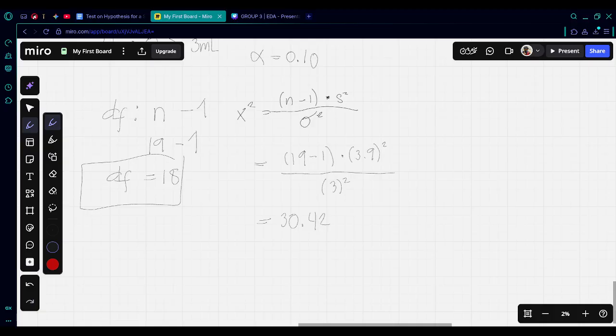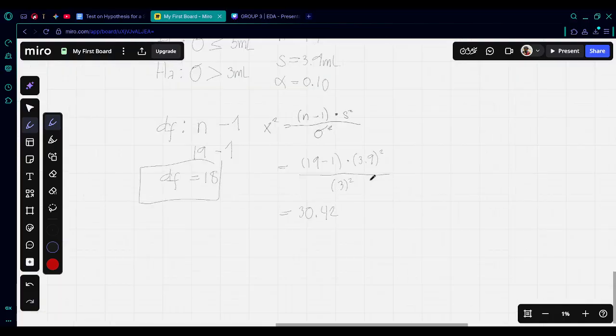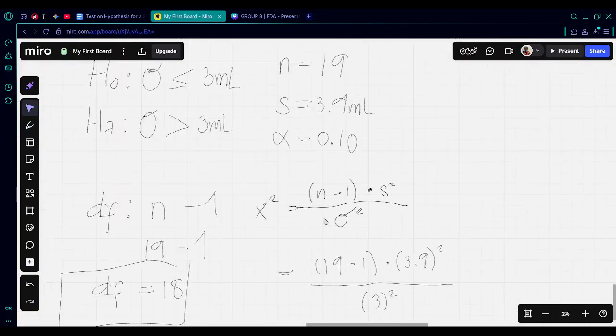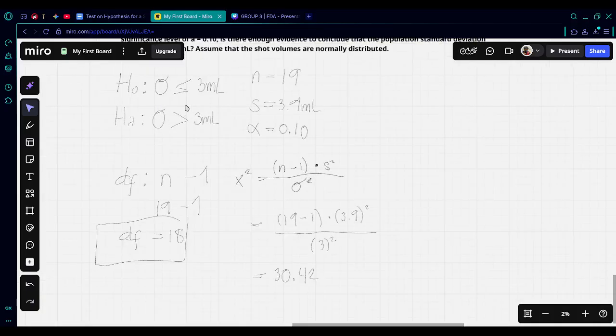Since we have here greater than, based on our alternative hypothesis, this will be a right-tailed test.